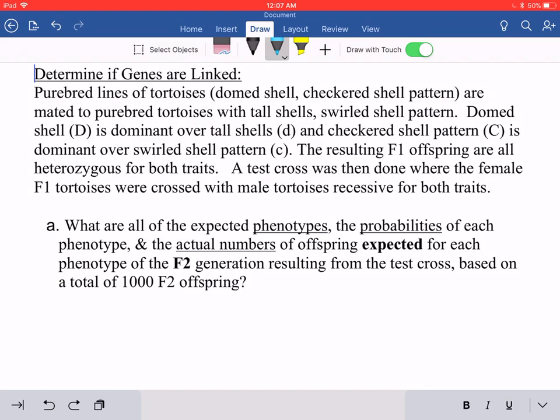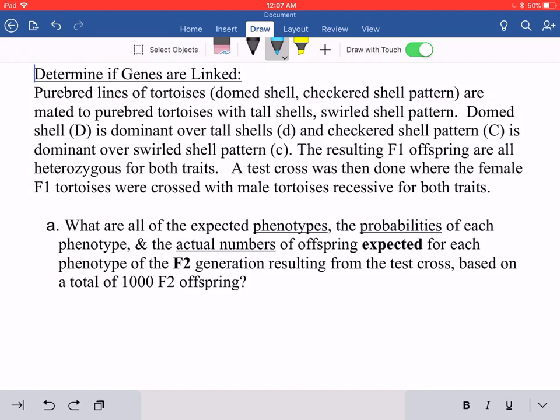So let's take a look to see how we might determine if genes are linked. Purebred lines of tortoises, domed shell, checkered shell pattern, are mated with pure tortoises with tall shells that have a swirl shell pattern. A domed shell, big D, is dominant over the tall shells, little d.